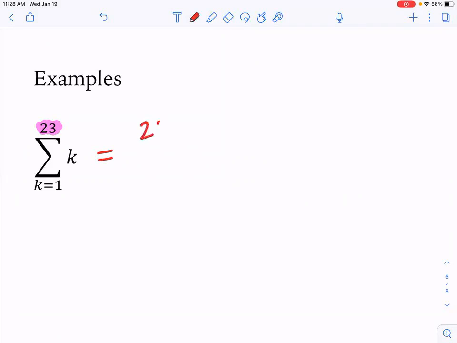So we're going to take 23 times 24 divided by 2. 276. Wasn't that way better than adding all those numbers up?